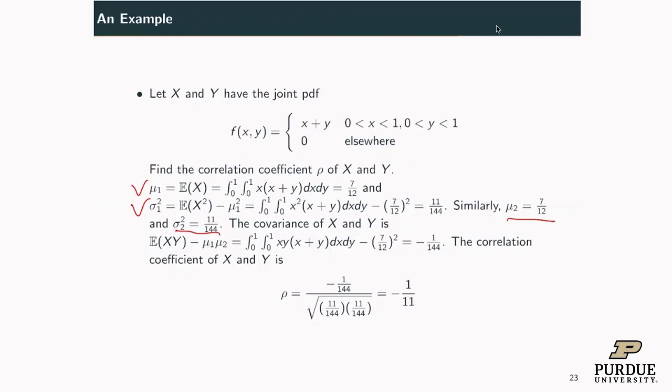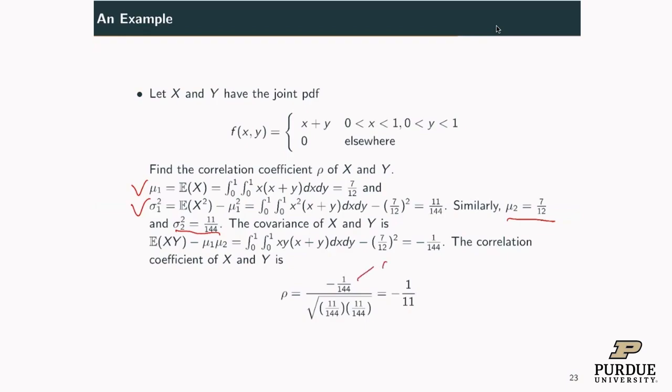The covariance between X and Y. By definition, expected value of XY minus mean product. So we get the mean. We need to calculate the first term. The first term, expected value of XY, is a double integration. So we can get the covariance. Finally, we can work out the correlation coefficient between X and Y, the rho.